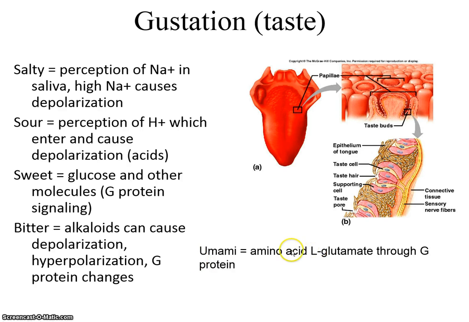Umami is the presence of glutamate, and it also works through G protein signaling, as opposed to just outright depolarization. Again, I'm not going to ask you about what happens once it binds. We're just going to generally say an action potential is initiated. But it is initiated through different mechanisms, is all that's being said here.